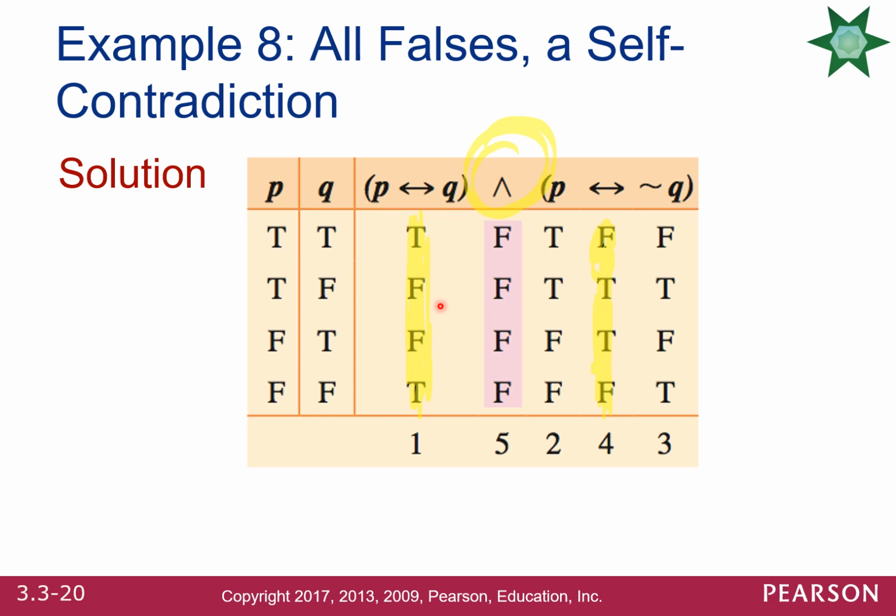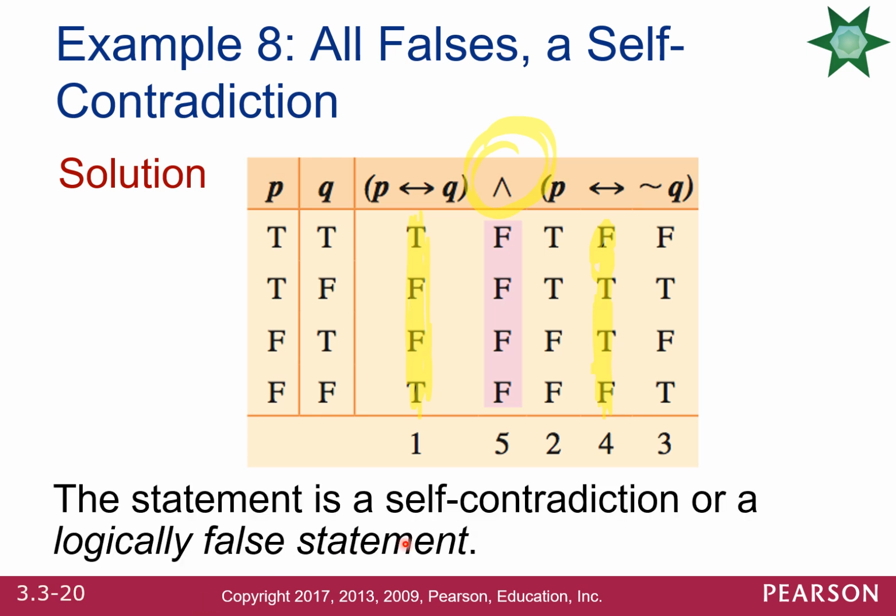Both have to be true in order for an and statement to be true. All right, so T and F gives us an F. F and T gives us an F. F and T gives us an F. T and F gives us an F. We see all the cases result in F. And this is an example of what we call a self-contradiction. So the statement is a self-contradiction or a logically false statement. It'll never be true.